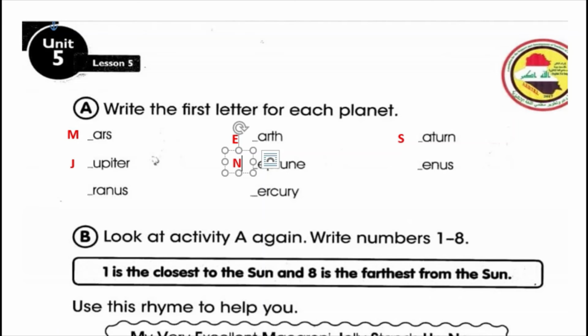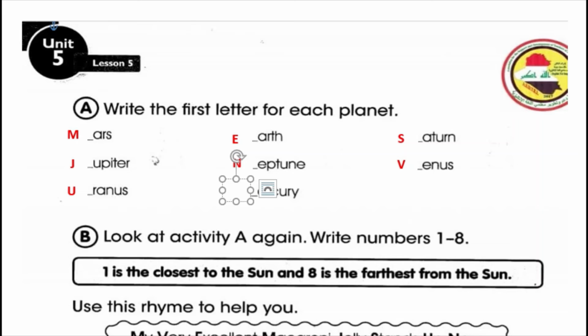Then the sixth planet we have Venus, letter V. Then the seventh planet we have Uranus. I put the letter U, which means Uranus. Okay. Then the last planet we have what? Mercury.